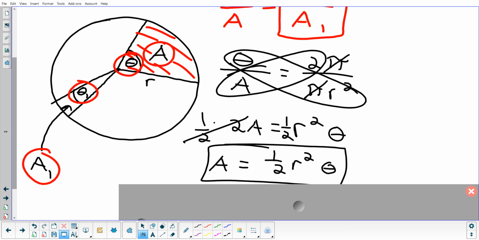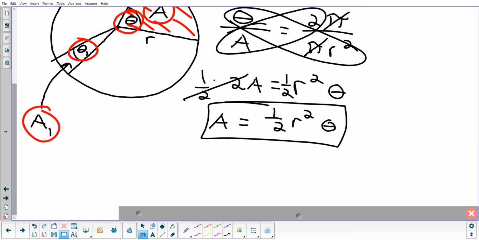It's the same thing. But I'm just doing it the way the book does. Okay, and that's the formula for area of a section. Using it is exactly the same way you use the arc length. You plug in 2 things and you find the third one.